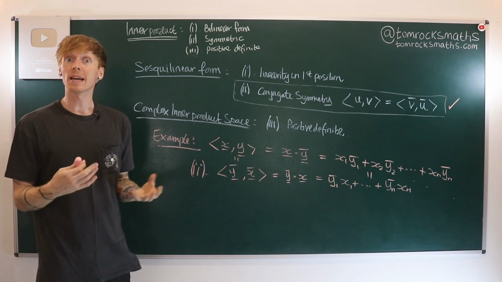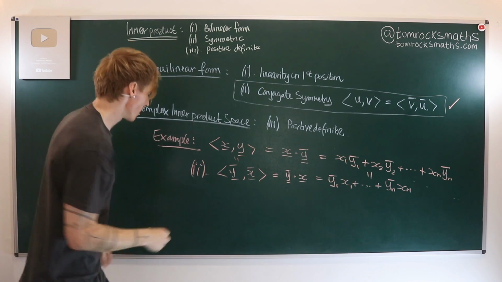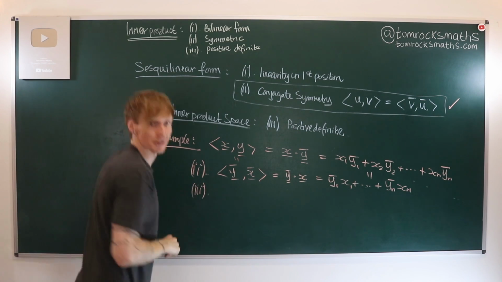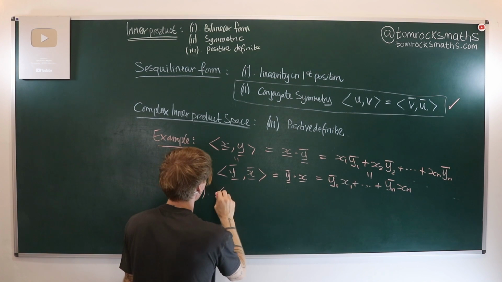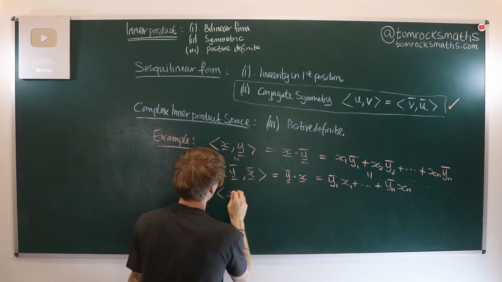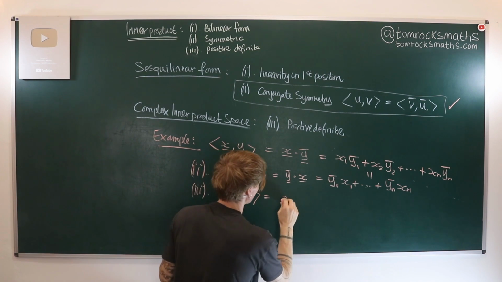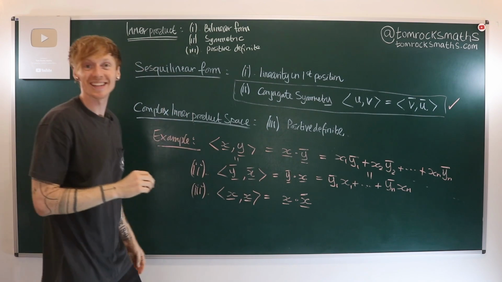The third property of being positive definite again works very similar to what we saw with the real one, but you have this nice additional property which pops out here, which is that if I now take the inner product of x along with itself, then that's the same as dotting x with x bar, its conjugate.